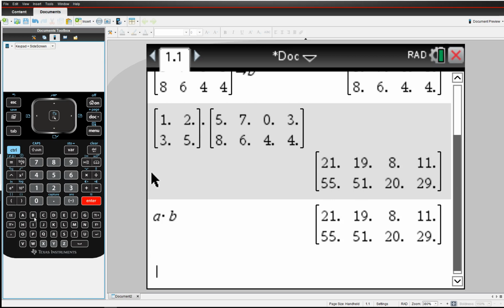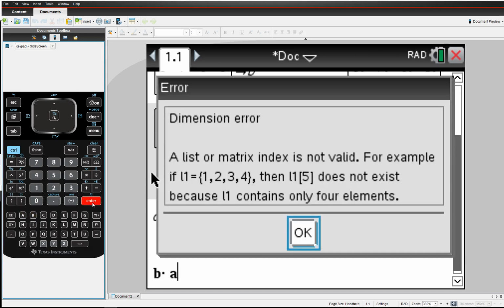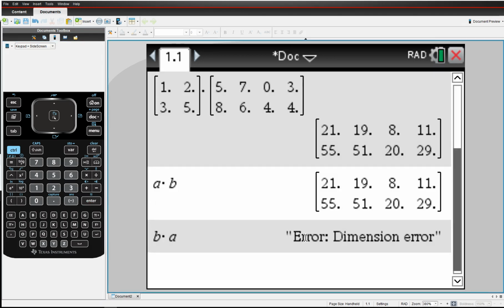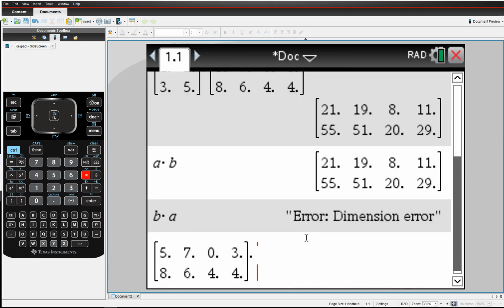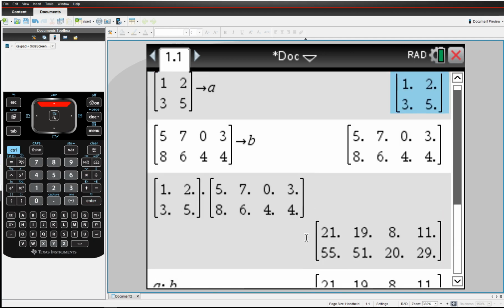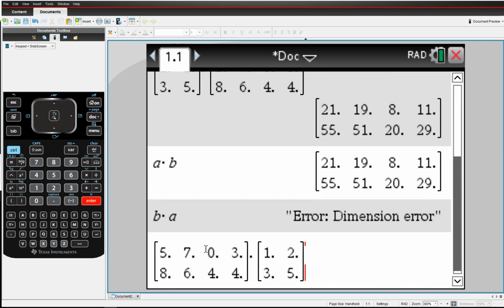If I actually went B times A with this, would it work? No, it wouldn't. Because if you think about it, if you go this matrix multiplied by the A matrix, which is this, remember this order is now a 2 by 4, so the middle number is 4, and this is a 2 by 2.